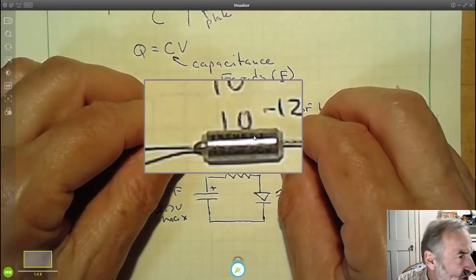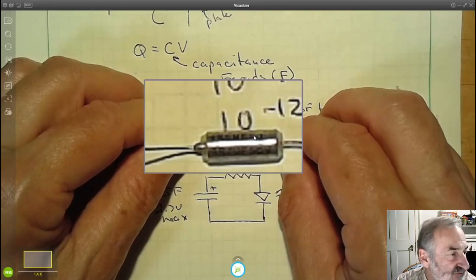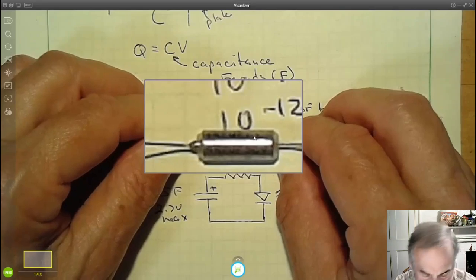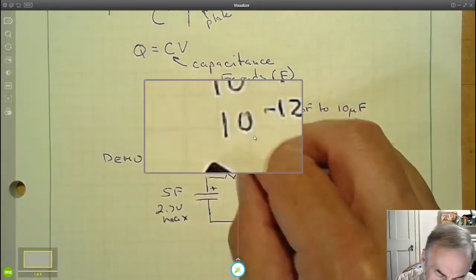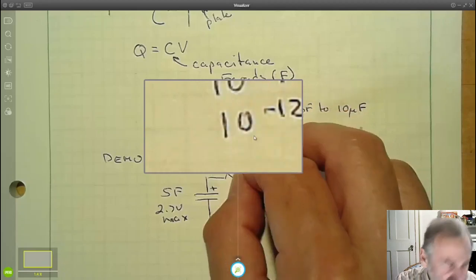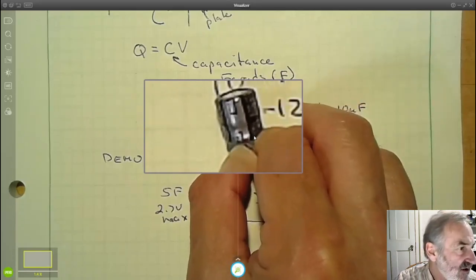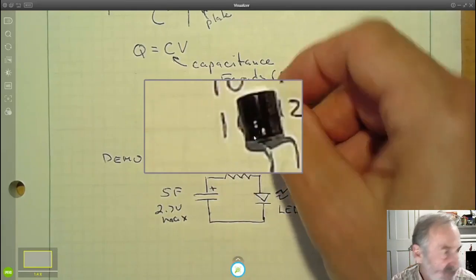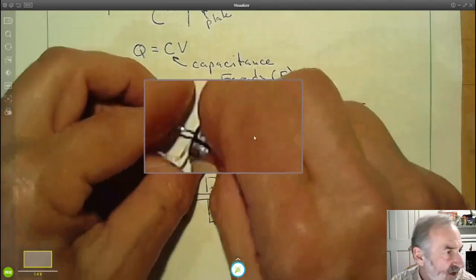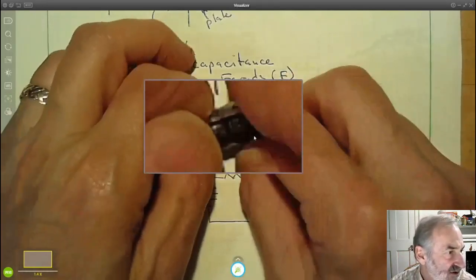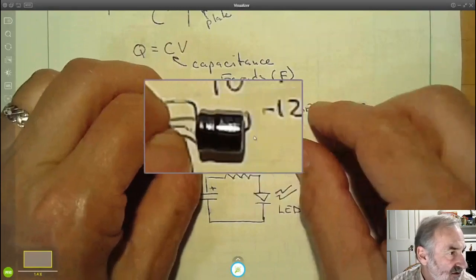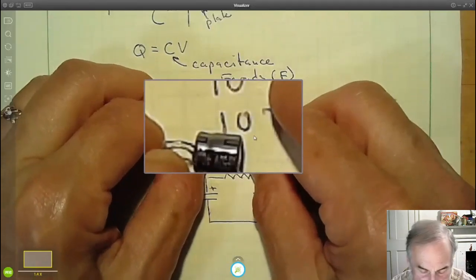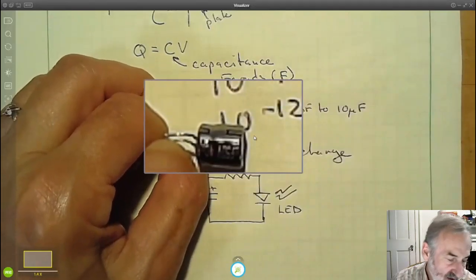It's 4R7UF, which means 4.7 microfarads, and it says 50 volts. This is another electrolytic capacitor with a smaller value. Once again, there's an arrow pointing to the negative side, and it's plainly marked with its value right on the side, if we had better eyes.